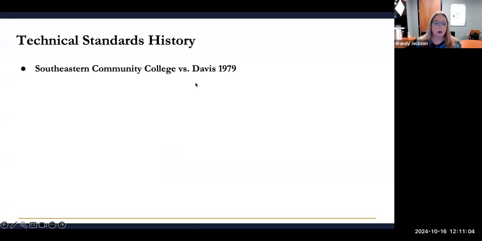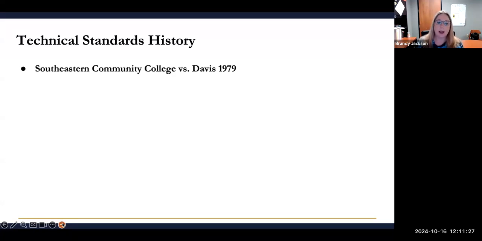So it all started with a landmark case in 1979, Southeastern Community College versus Davis. This was the first time the U.S. Supreme Court interpreted Section 504 of the Rehabilitation Act. The case remains crucial when it comes to admitting individuals with disabilities into health professional programs.